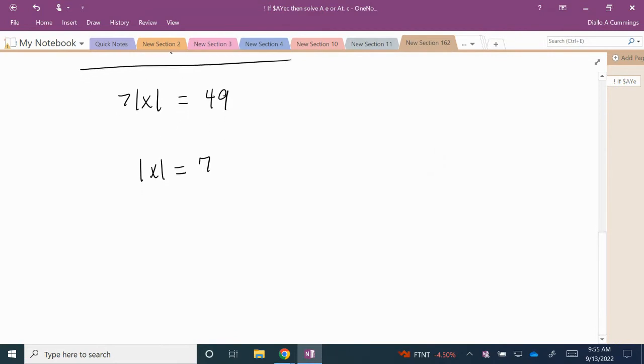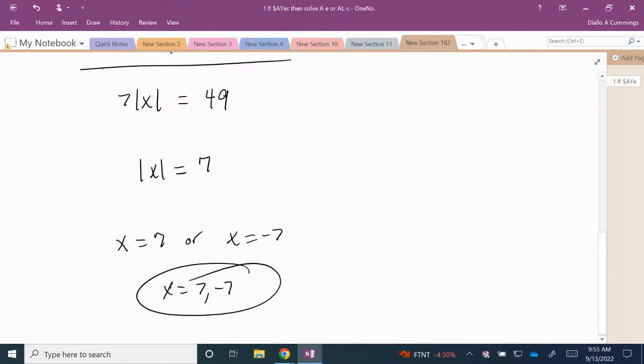So now we've isolated for the absolute value, and now is the only time we can apply the formula. So I'm going to drop my absolute value bars and set it equal to 7. I'm going to drop my absolute value bars and set it equal to -7. Okay, since both of these equations are solved, x is equal to 7 or -7.